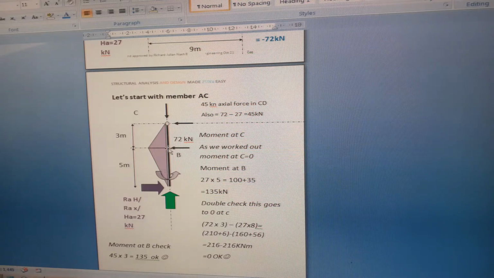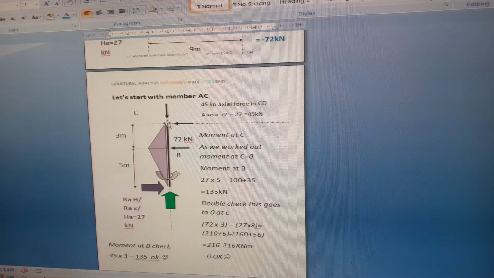Because what we're doing basically is taking moments about everything that's underneath point B. So let's do that first. 27 times 5 is 100 plus 35 is 135.